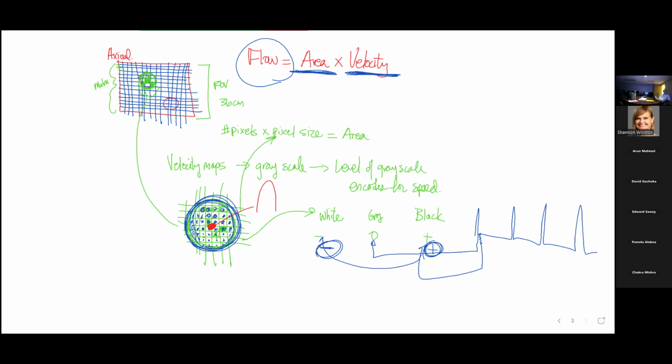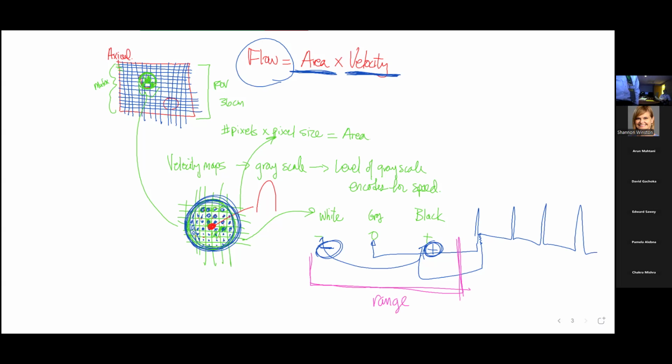Now, there's some tricks that you have to know when you're doing this. Not tricks, but facts you need to know. The first thing you've got to know is you've got to set the range of the velocities that you're going to measure.